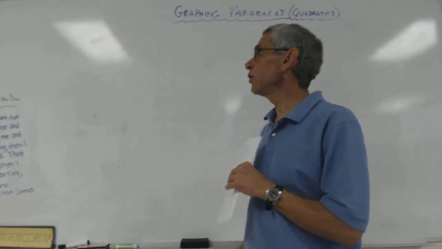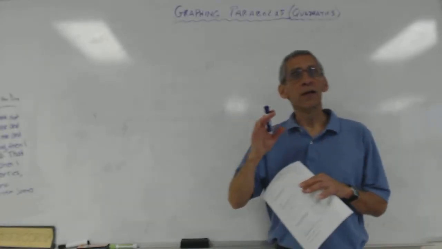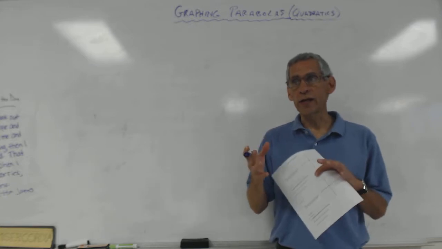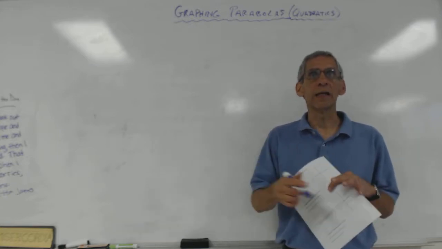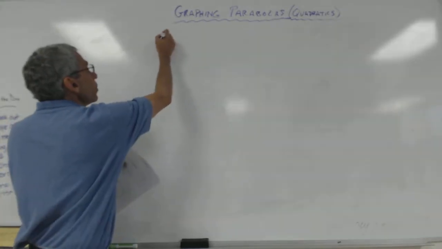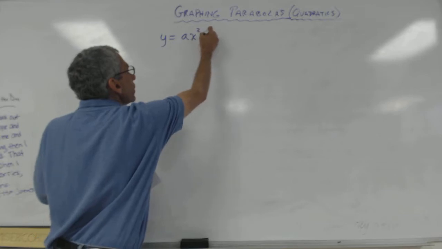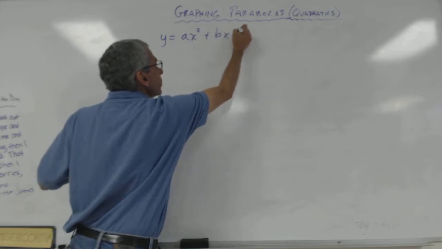There's a few things that you have to understand first. First and foremost is what is a quadratic equation and what do those things mean? So y is equal to ax squared plus bx plus c.